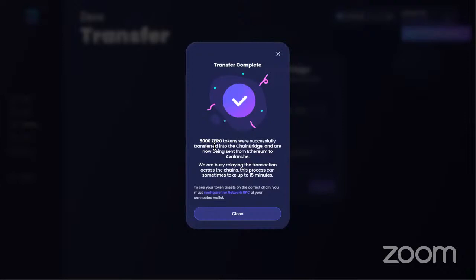When you send it back, it does the reverse operation: it takes the token on Avalanche, burns it, and releases your token from the bridge. That way your token is always backed by your parent chain. We have a concept called ZETH, our Zeta Ethereum, that's always backed one-to-one by Ethereum.